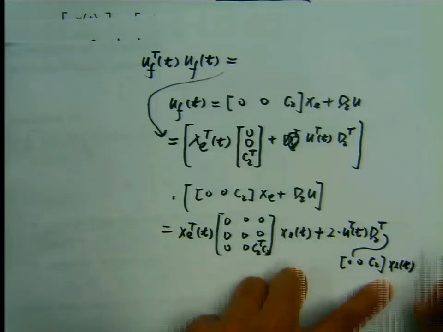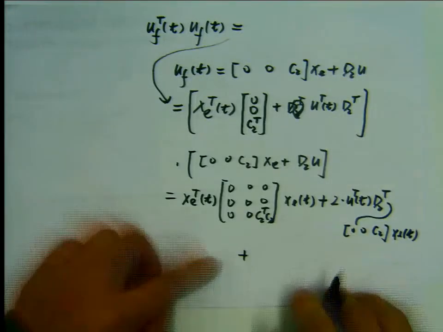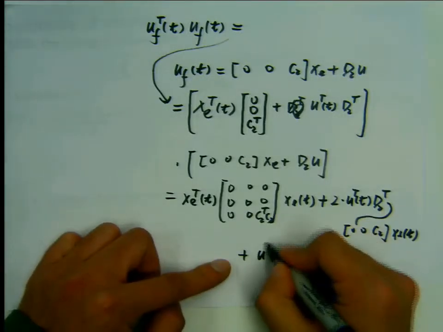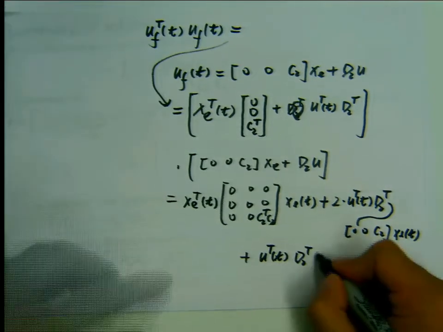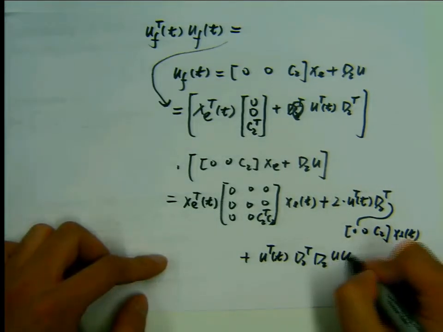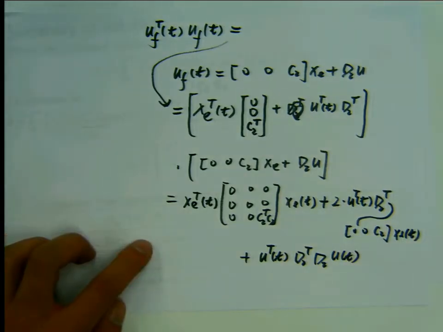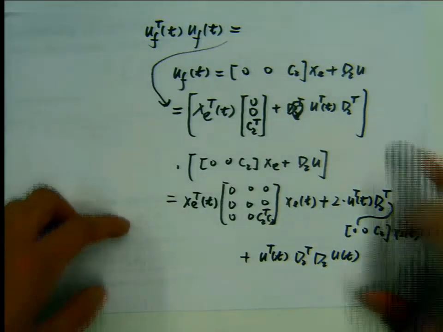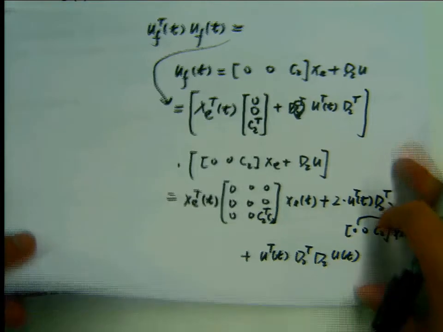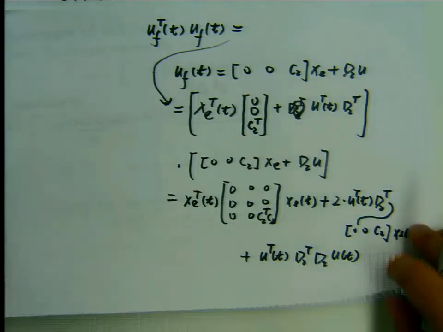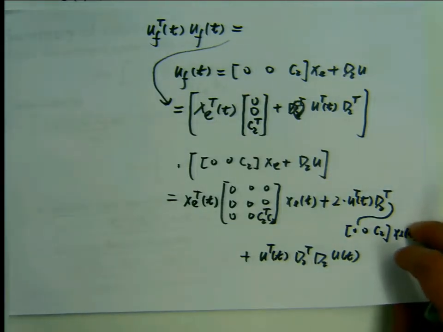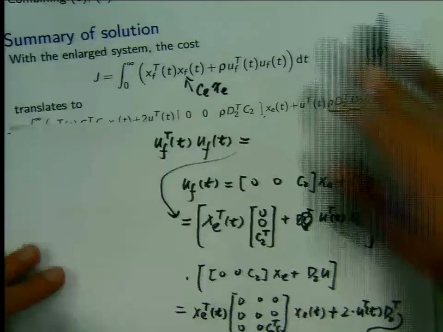And then finally I'm going to have a quadratic term of u, u transpose D2 transpose D2 u. Okay? Just matrix algebra. So now, let me go back. Let's come back to here.